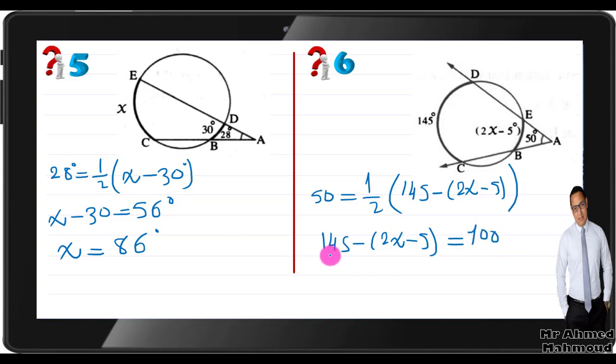Now I'm going to send 145 minus, so negative 2x minus 5 equals 100 minus 145 equals negative 45. Cancel the negative and send 5 plus, so 2x equals 45 plus 5 equals 50, and send 2 divided, so x equals 50 divided by 2 equals 25.